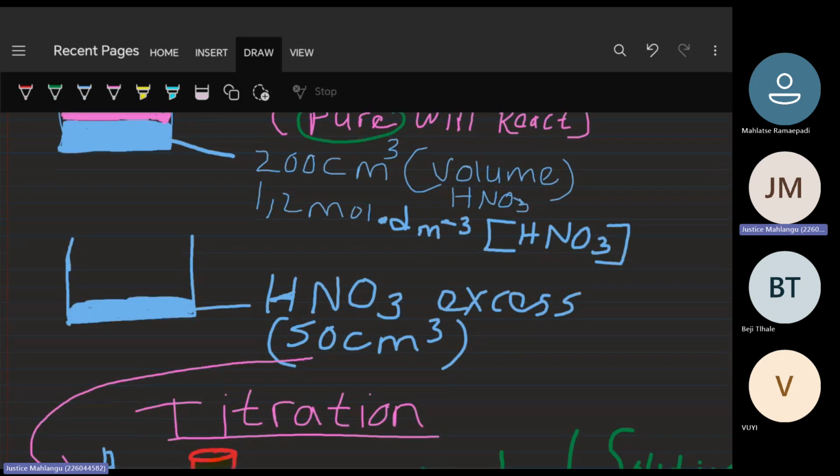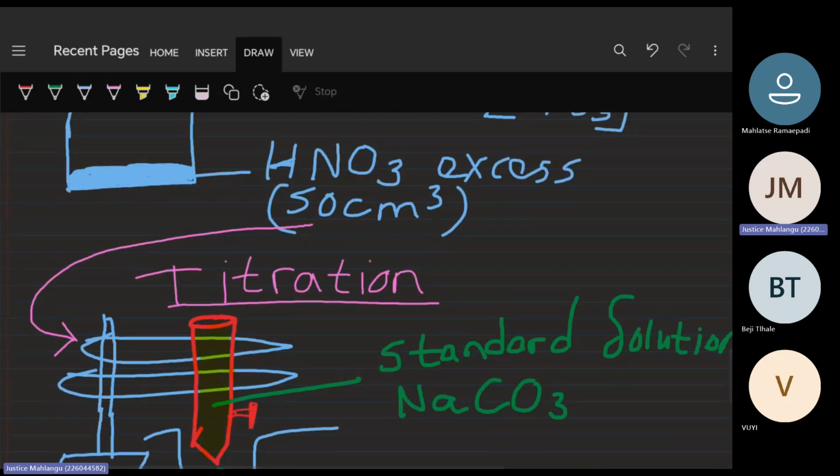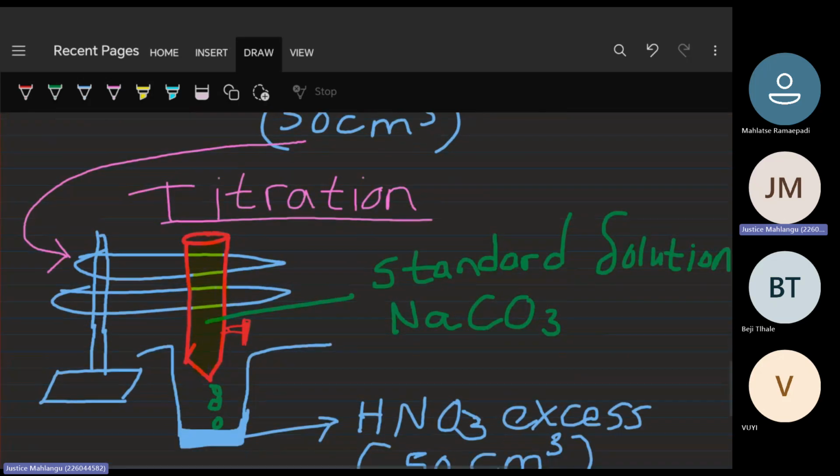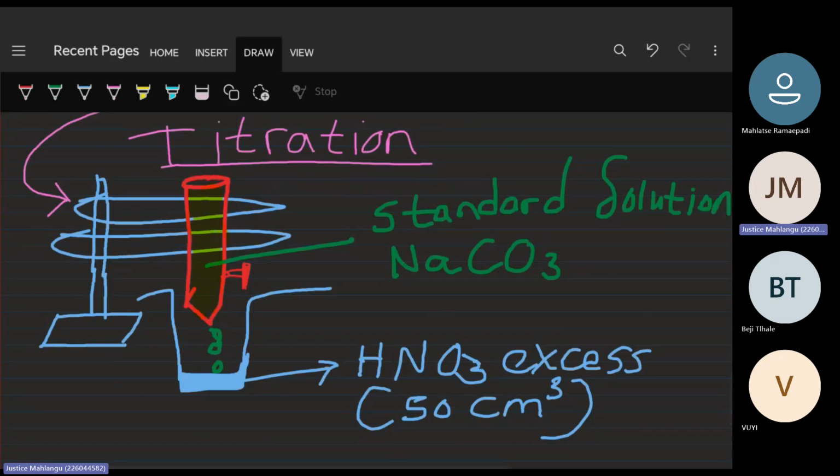The nitric acid is in excess. And the one in excess is 50 cubic centimeters. They are saying this 50 cubic centimeter, we're going to titrate it. So we put that 50 cubic centimeter in this beaker, then we put a standard solution, then we put drops. Let's get this excess nitric acid in 50 cubic centimeter.